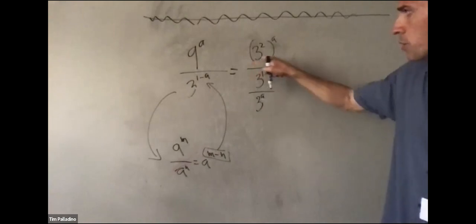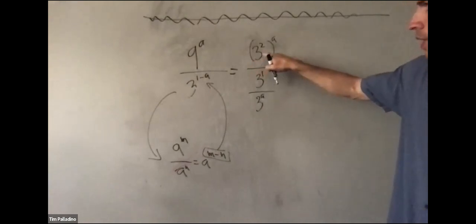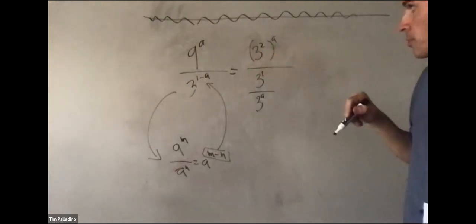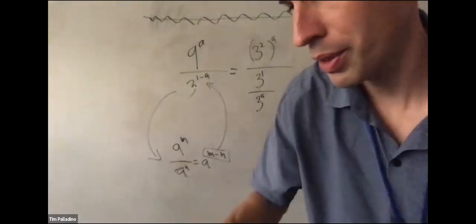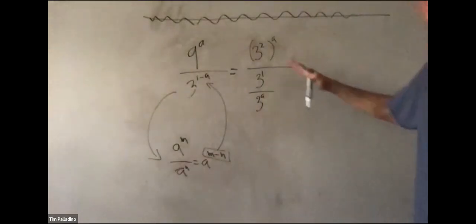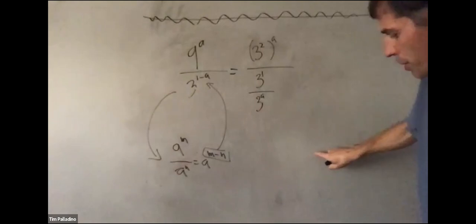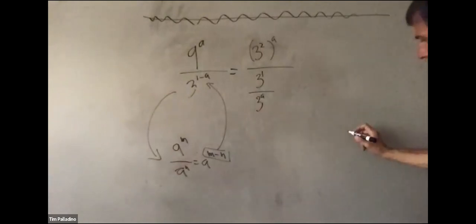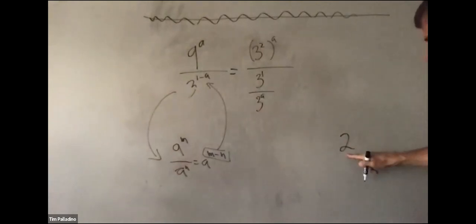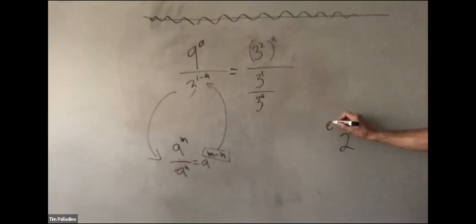Now there's another rule that we could talk about here. Do we have time to talk about that? Yeah. Okay. So let me do just a side example over here. So let's say that we have, this is just an example.